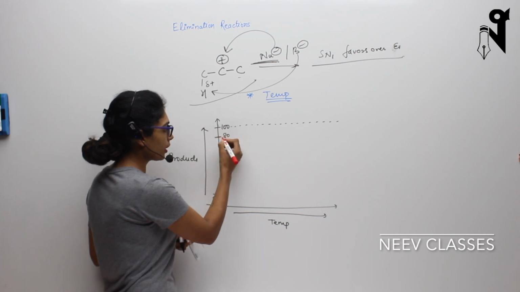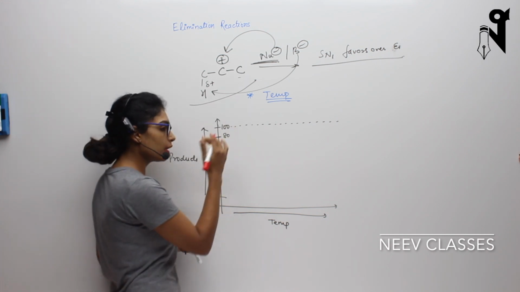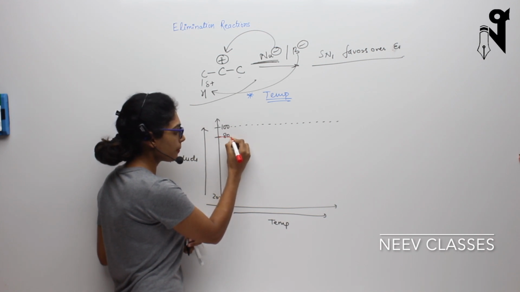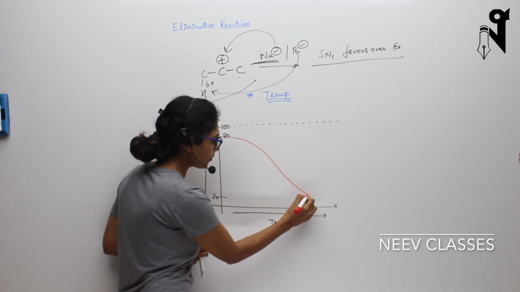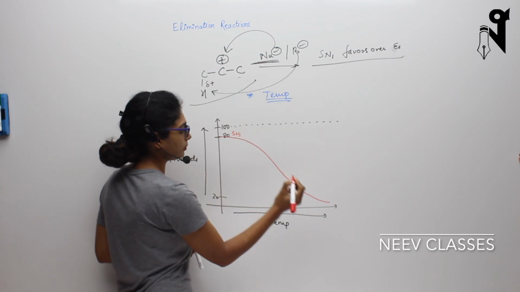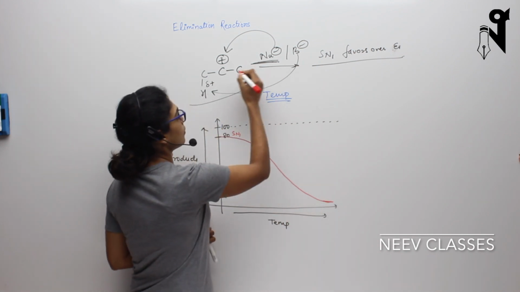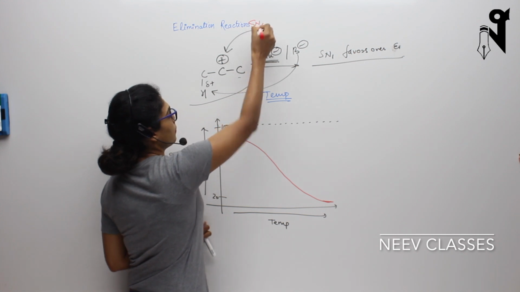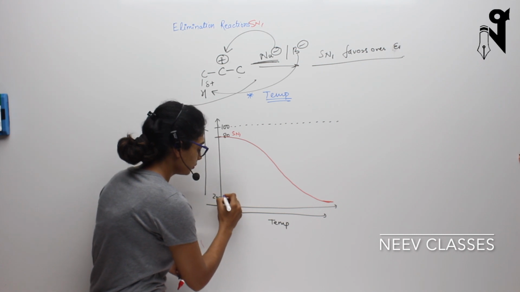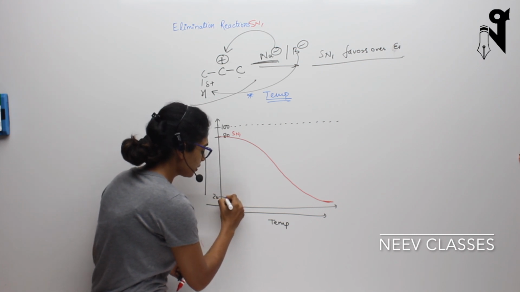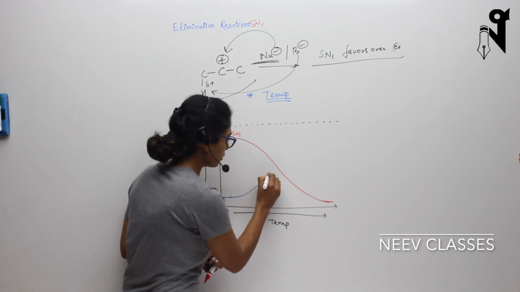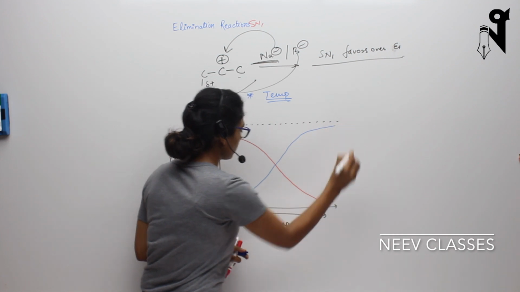This is my SN1 product initially at room temperature or a lower temperature, and as the temperature increases, the percentage of SN1 product will decrease. This is my SN1. Whereas for E1, as the temperature increases, the percentage of the product will increase.